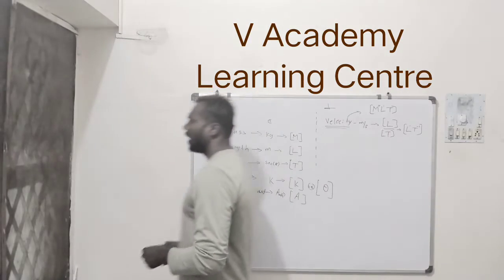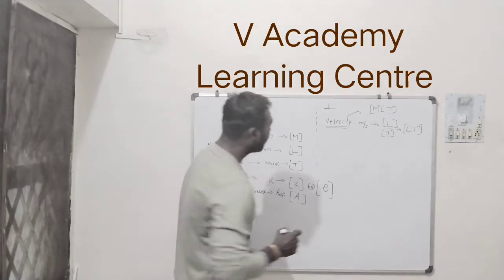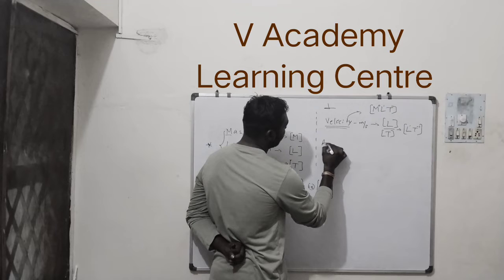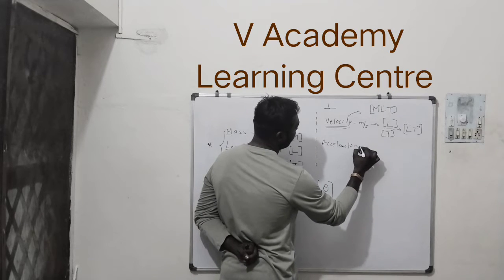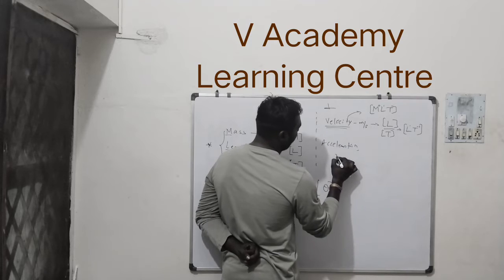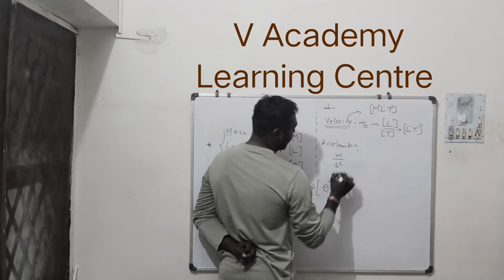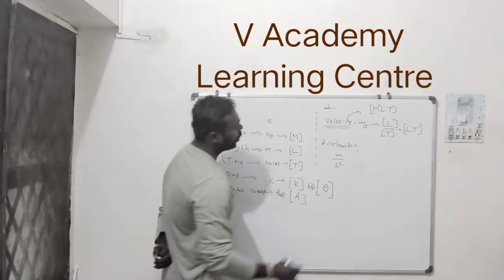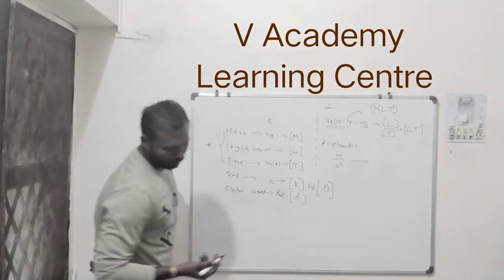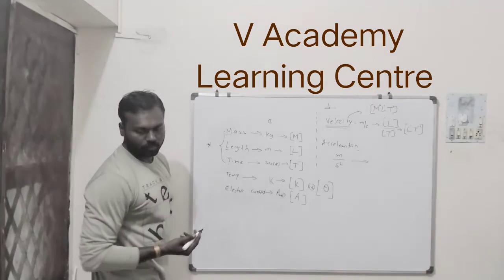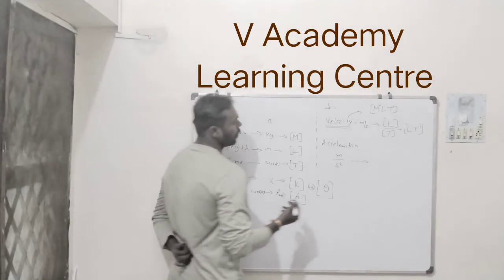Next, shall we go? Acceleration. Can you tell me the unit of acceleration? Meter per second square. We take meter per second square. So if you express it in terms of dimensions, how would it look?